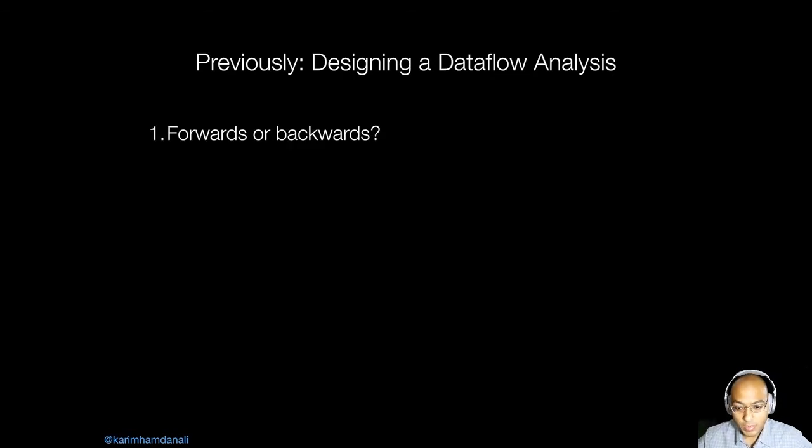So just to remind you again, when we design a data flow analysis, you need to configure five parameters. The analysis direction, forwards or backwards, depending on whether the information you are interested in is about a future point in the program or about something that has already happened previously.